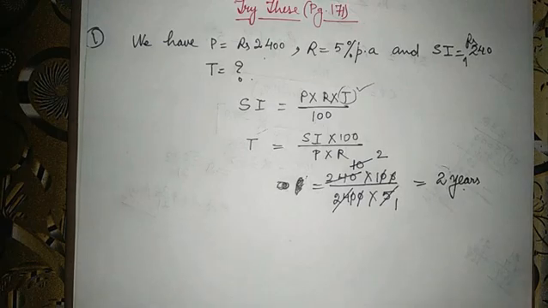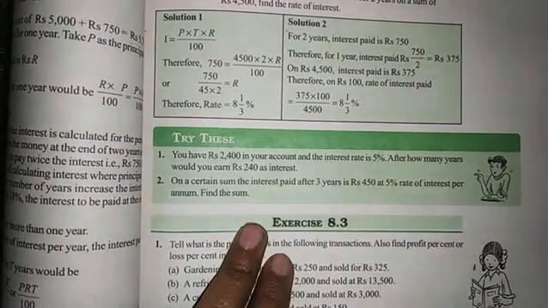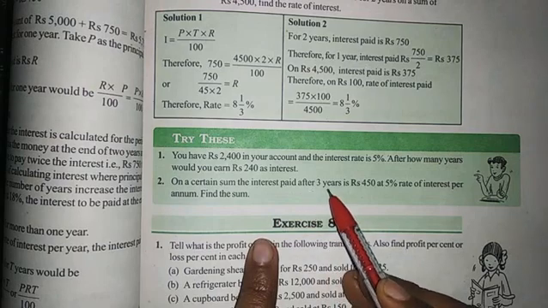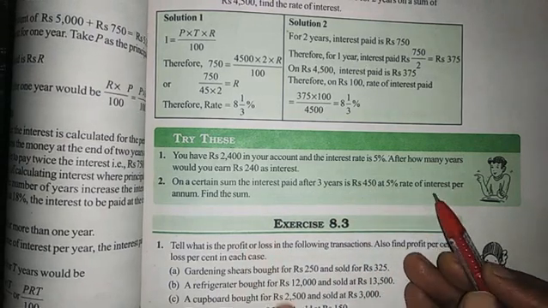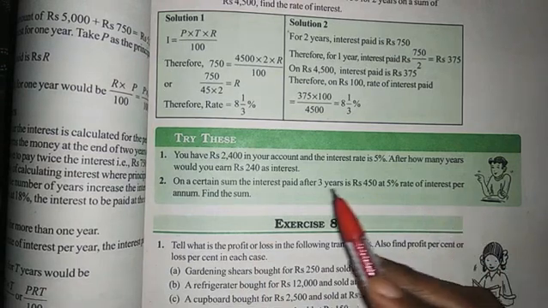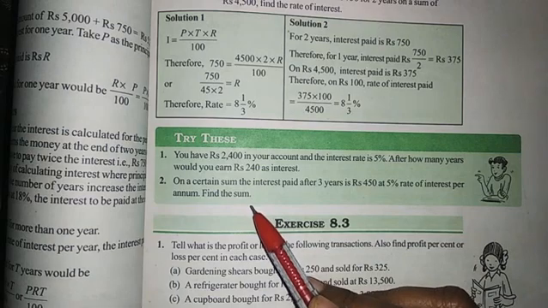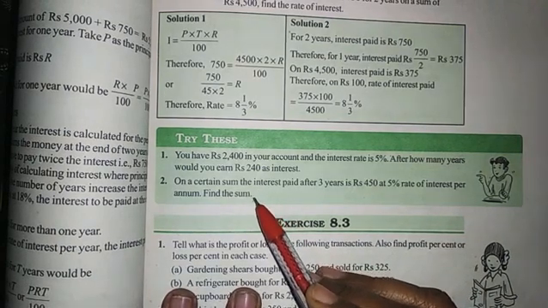Students, the second question you have to solve yourself. See the second question. On a certain sum the interest paid after 3 years is rupees 450 at 5% rate of interest per annum. Find the sum. Children, here you have to find principal, and for principal you know the formula.